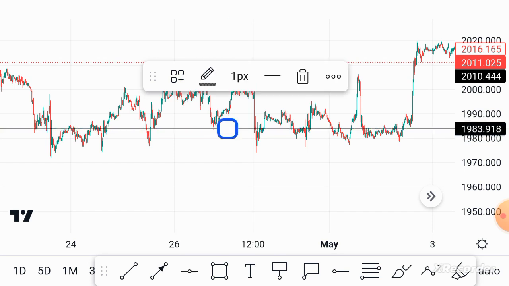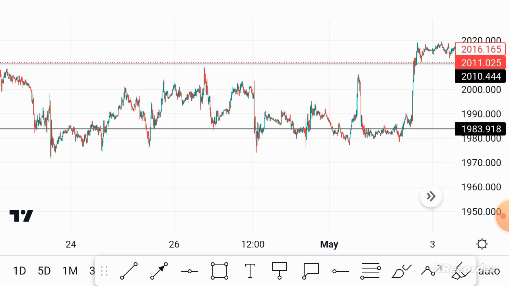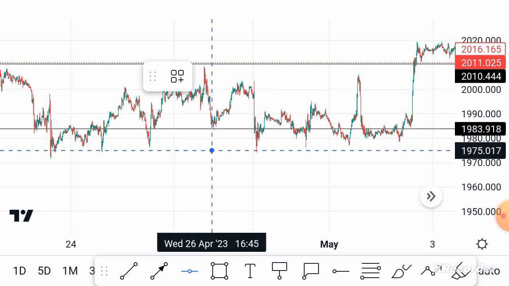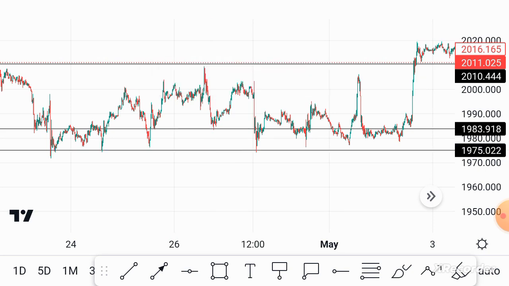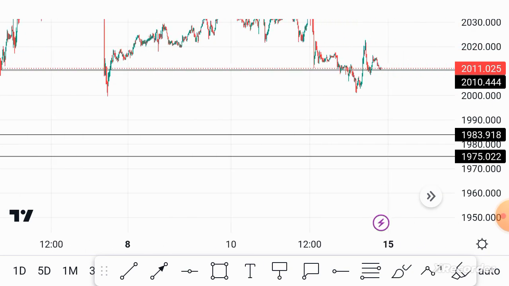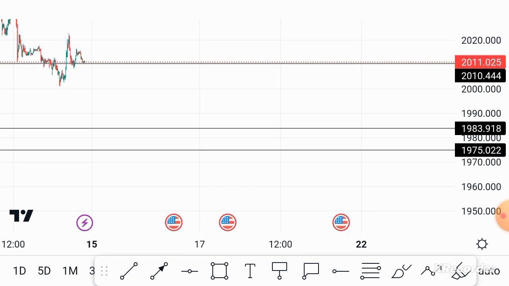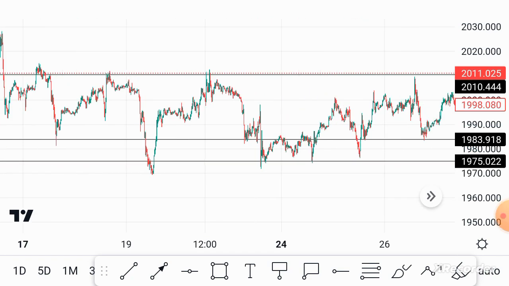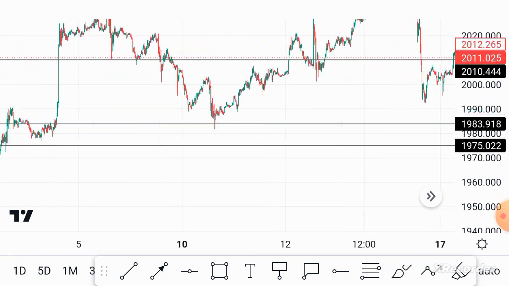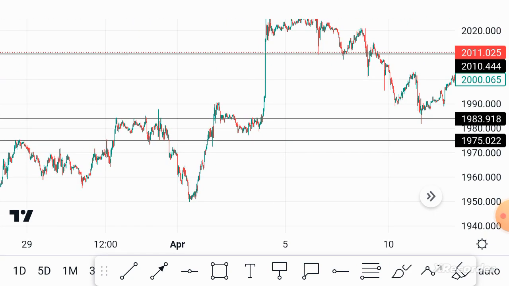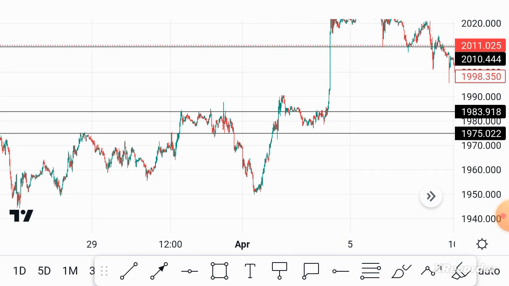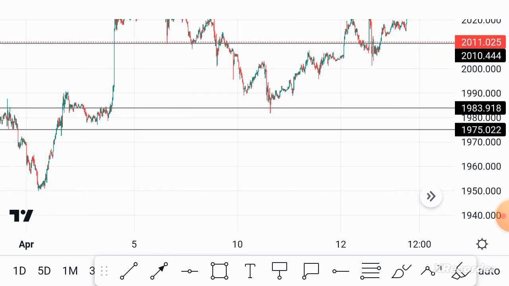Yeah, this is a key level, and we have a key level here. Yeah, we have a key level here. All right, let's check. Let's go back, let's check. I'll be explaining it shortly. Okay, we have a key level here.